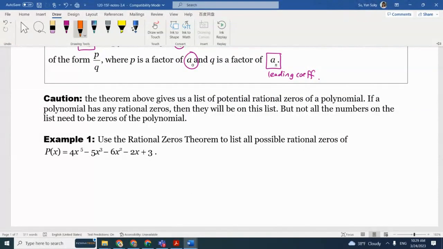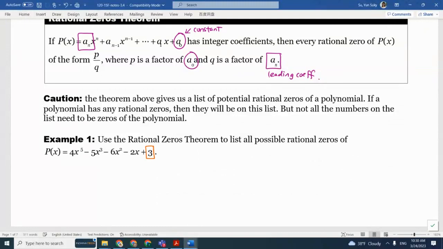So example 1. Use the rational zero theorem to list all possible rational zeros of p of x. The first thing is to look at the constant term and write down the integer factors of it.